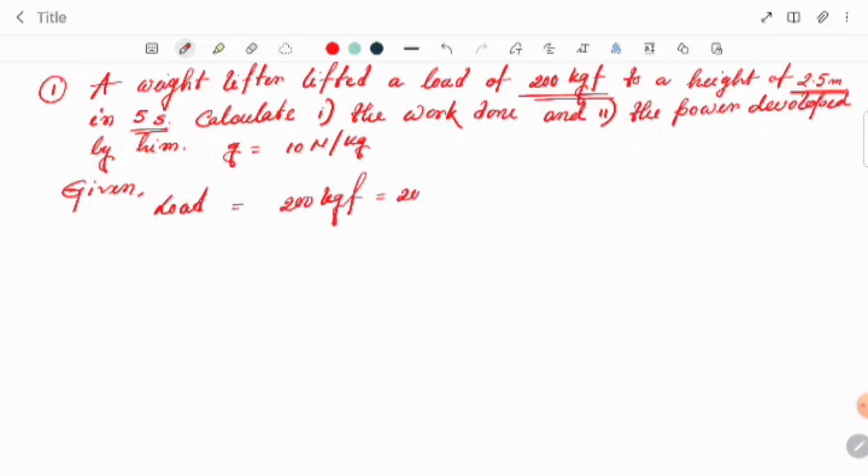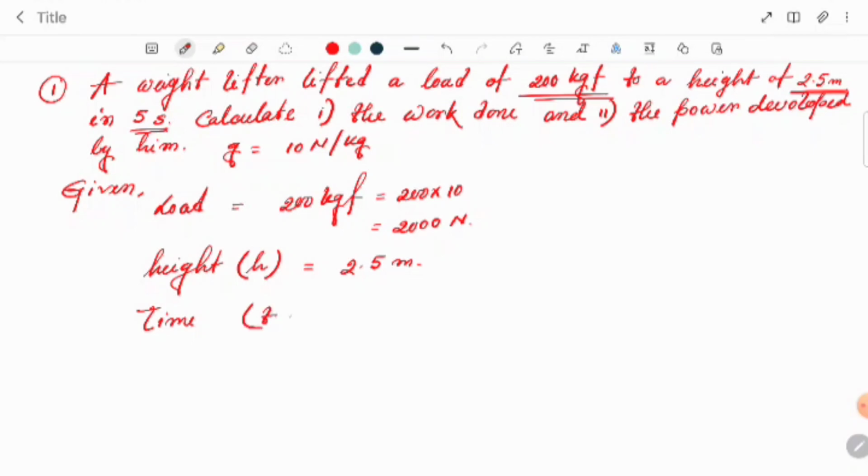You can say 200 into 10, so we'll get 2000 Newton. Next, height h is equal to 2.5 meter, and they have given the time t equal to 5 seconds.